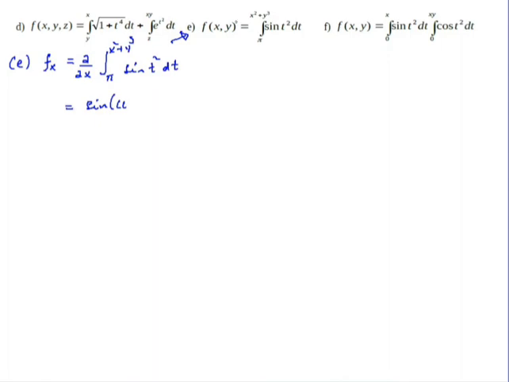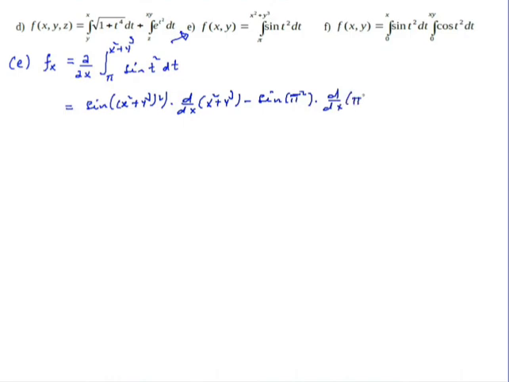sine of t, x square plus y cube the whole square, times the derivative with respect to x, minus, in place of t now we substitute pi, it becomes sine of pi square times the derivative with respect to pi.